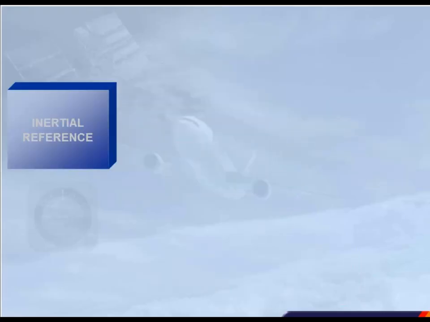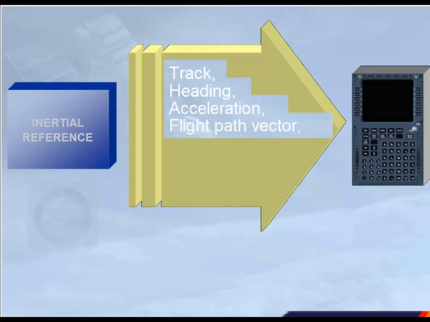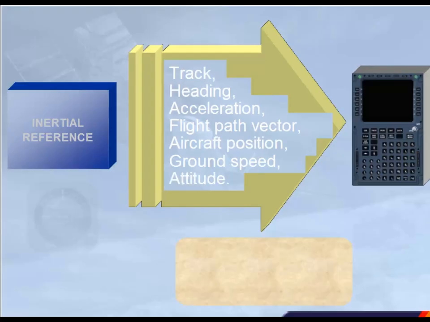The IR part provides inertial data to the FMGEC, EFIS, and other users. The inertial data provided includes track, heading, acceleration, flight path vector, aircraft position, ground speed, and attitude.